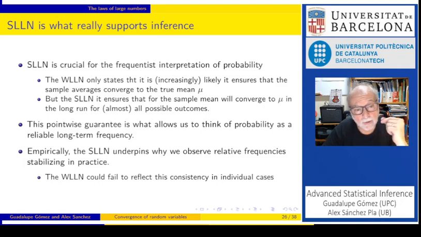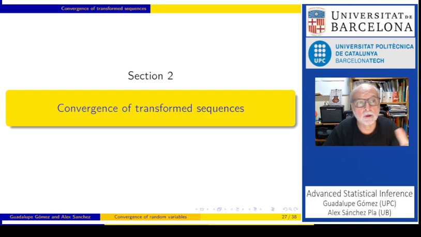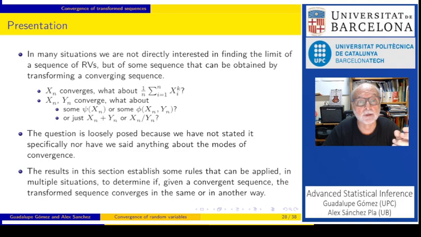Okay, let's go ahead and talk now about what happens when we combine convergent sequences. For instance, what happens if we add convergent sequences, as we did in the weak law, or if we have a product, or a power, or any combination, any transformation of a sequence?